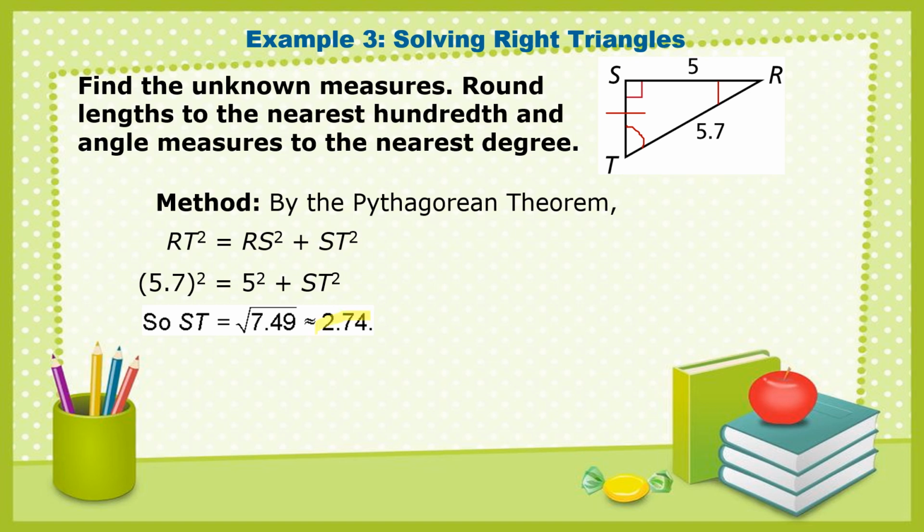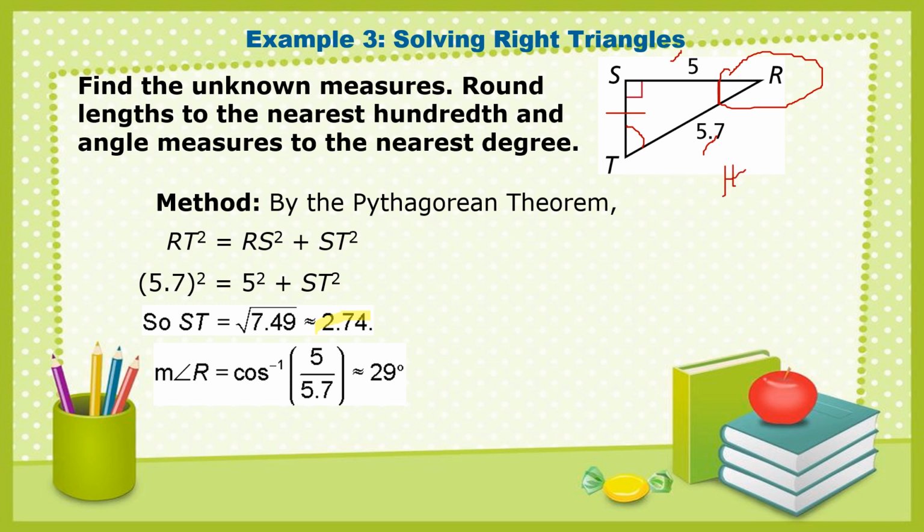Next, find the other angle. So, angle R. How do we find the measurement of angle R? Since this is our reference angle, the given are two sides, which are the hypotenuse and the adjacent side.